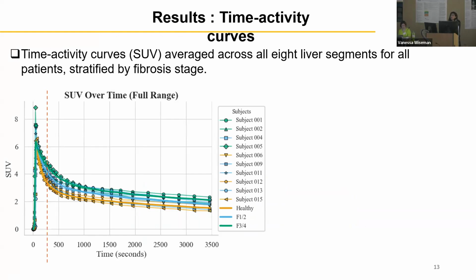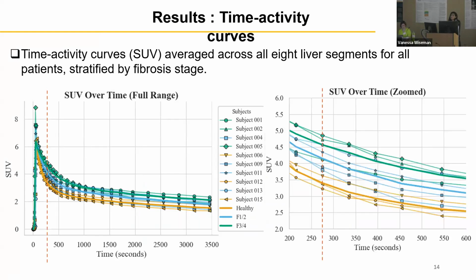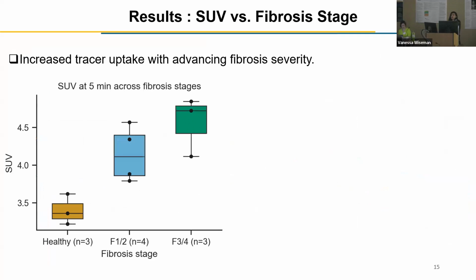Just by 5 minutes post injection, we see the strongest separation between the healthy liver and the fibrotic liver. To visualize it better, here you can see the plot showing the SUV values at 5 minutes over the fibrosis stages, showing increased tracer uptake with advancing fibrosis severity.